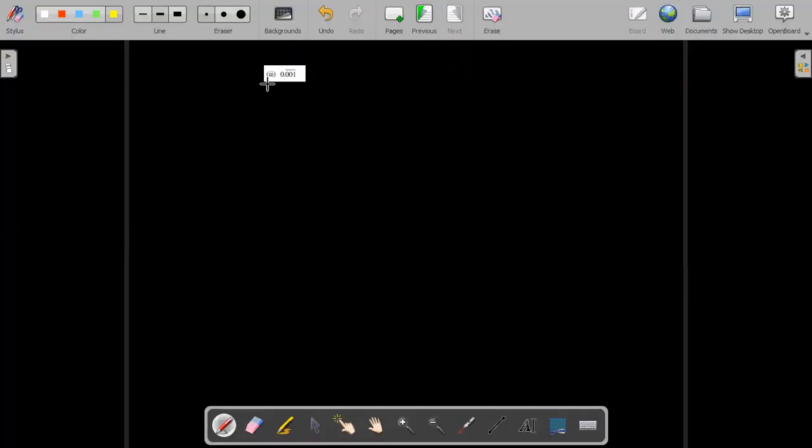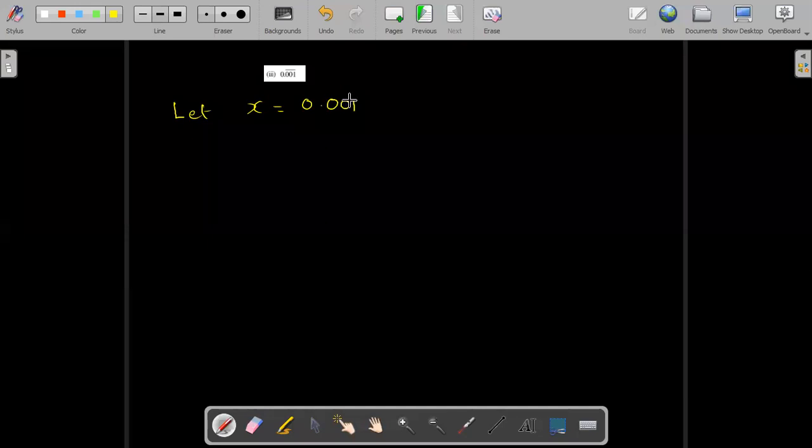So here, 0.001 bar. So let x is equal to 0.001 bar. All the three numbers are repeated here, correct? Bar means the number is repeated.